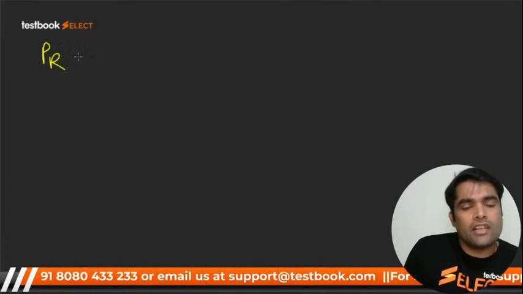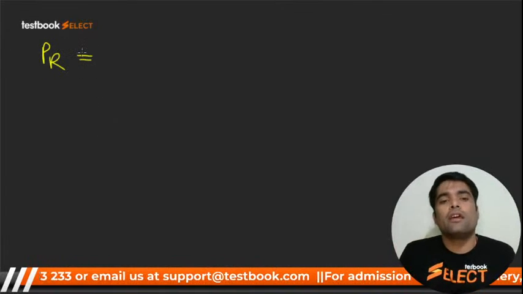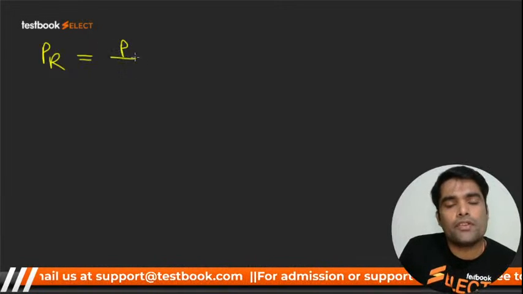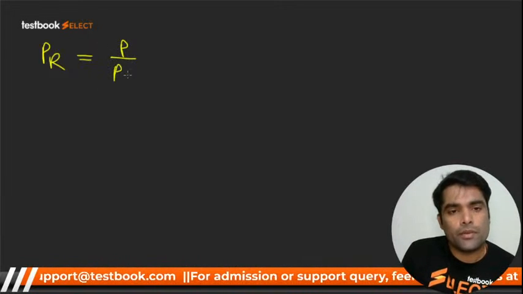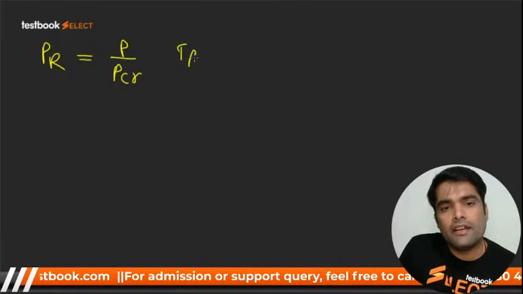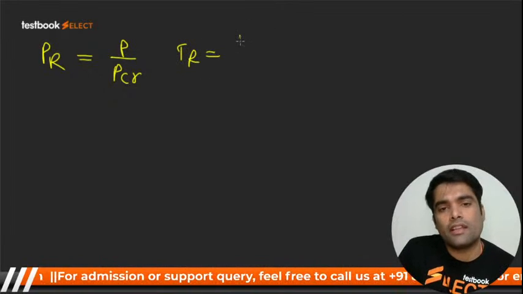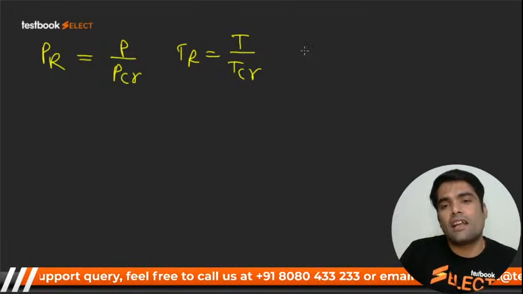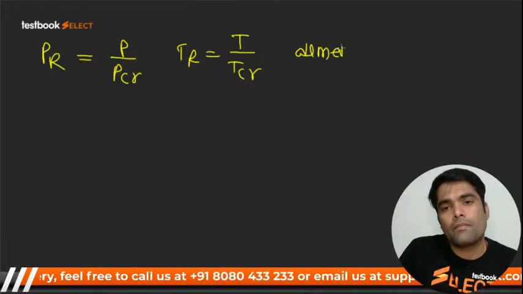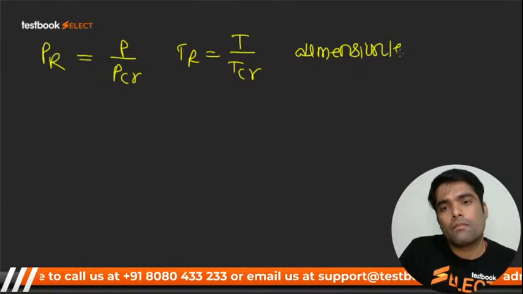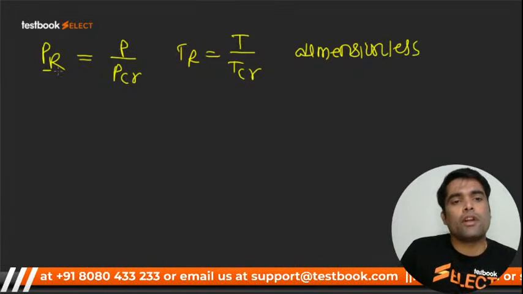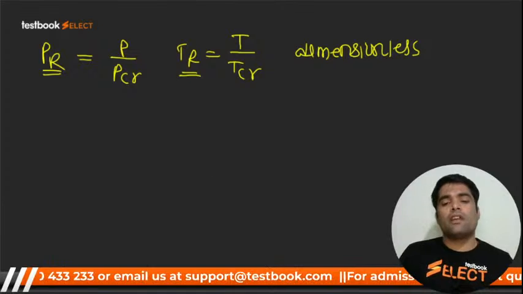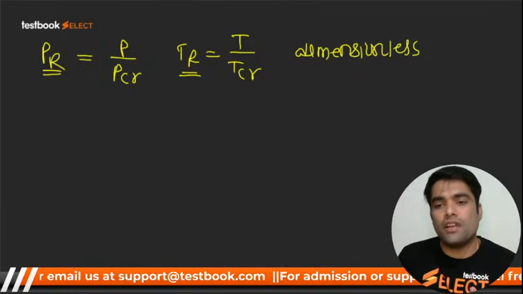And there is a one term, that is what, my dear? PR, that is reduced pressure, and TR, reduced temperature. PR is nothing but a ratio of pressure to the critical pressure, PCR. And similarly, TR is nothing but ratio of temperature to the temperature at critical point. And these are dimensionless terms.